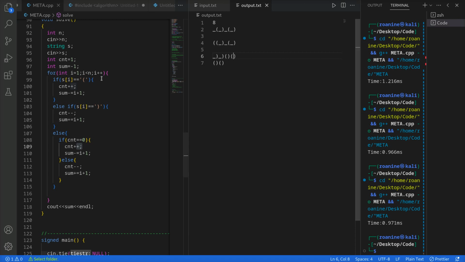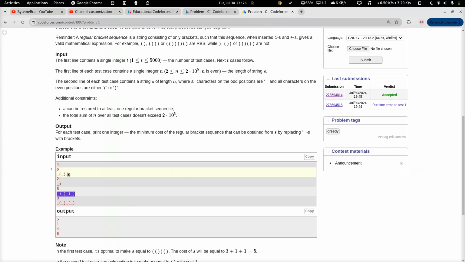That is what I have also done. If there is a closing bracket, I have decreased the count. If the count is greater than 0, it means there is already an open bracket before that index, so we close it. I have calculated the sum and then printed it out. That's it. Thank you guys.